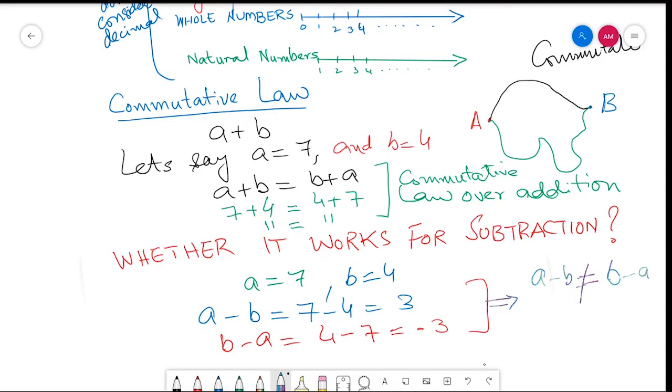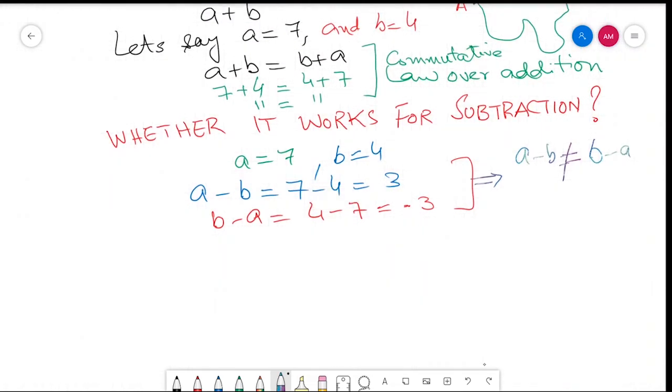Let's take another example. Take any number. Let's say A is equal to 11 and B is equal to 8. A minus B is 11 minus 8, which is equal to 3.